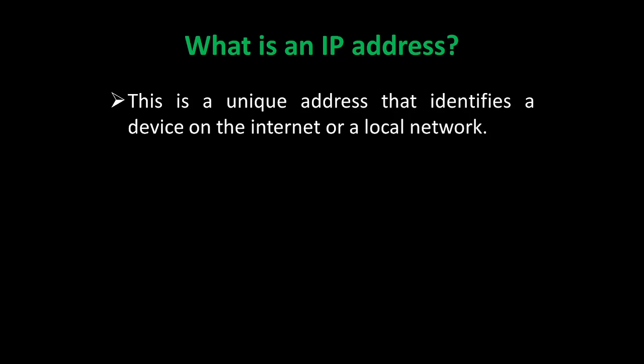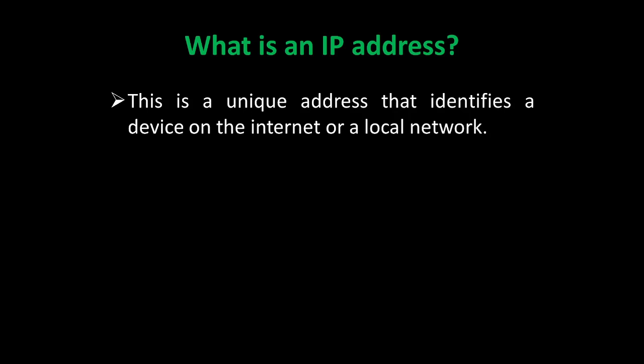It should have its own unique identity, and that unique identity is what is referred to as an IP address. Your phone may have other identifying features, but for the purpose of communication via internet, it must be assigned a unique address.